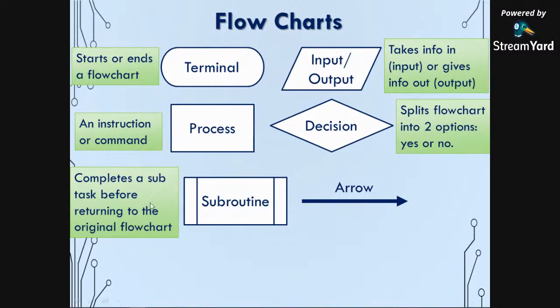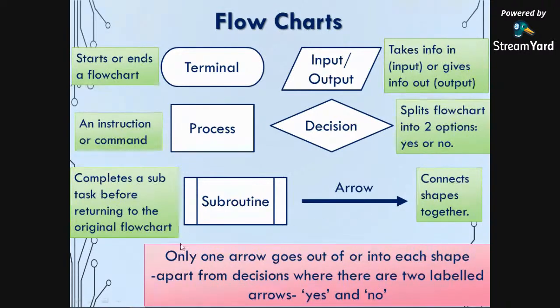And again, I'll go into a bit more detail about those later. And then, of course, the arrow connects your different shapes together. Now, as I've just mentioned, only one arrow goes out of or into each shape, apart from decisions where there are two labeled arrows, yes and no. Okay, so decision will have a labeled arrow one way and a labeled arrow the other way.